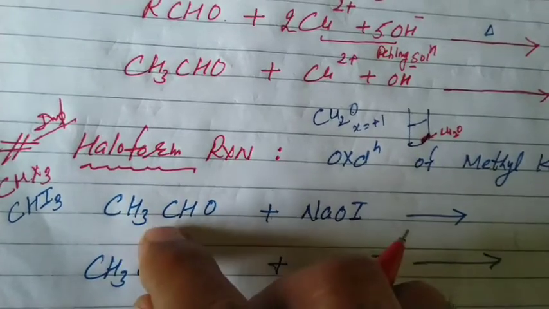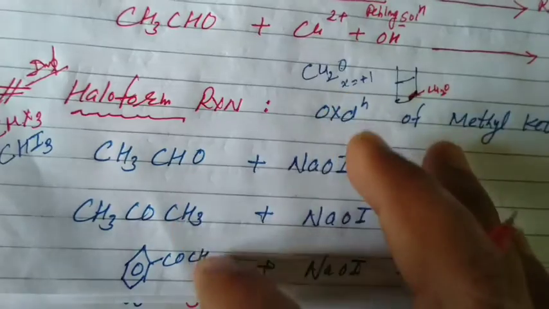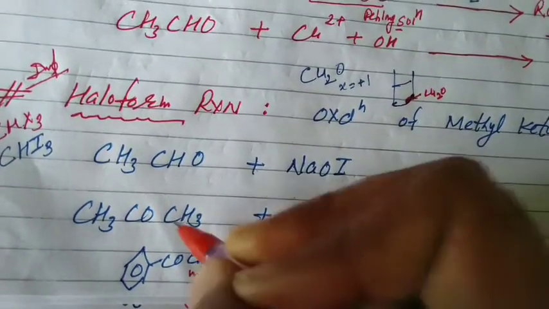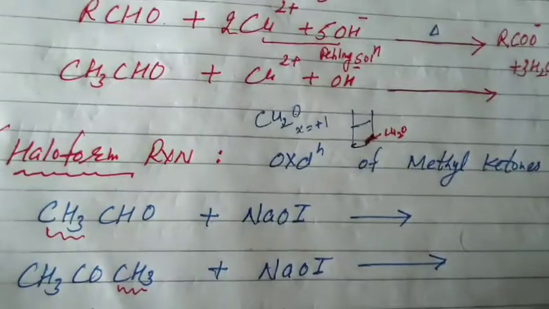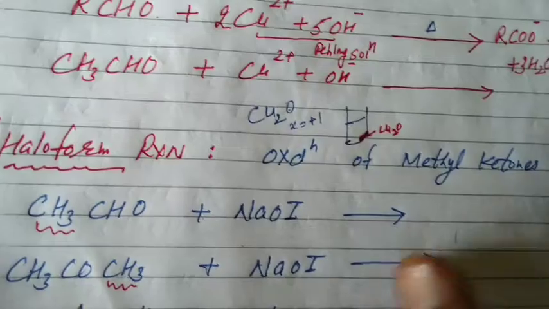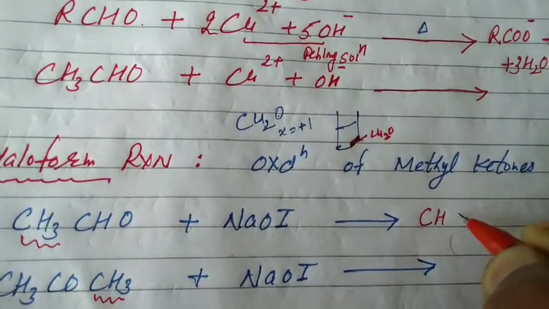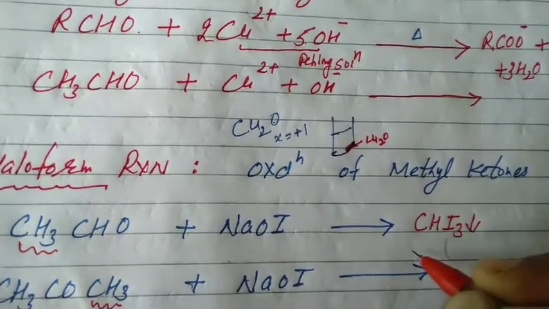If the methyl group is adjacent to the carbonyl carbon, the haloform reaction is possible. It is possible in all these, whether aliphatic or aromatic, because there is a methyl group adjacent to the carbonyl carbon. When we treat a carbonyl compound with sodium hypohalite, if it has a methyl group, it leads to the formation of iodoform CHI3. A yellow precipitate of iodoform is obtained.